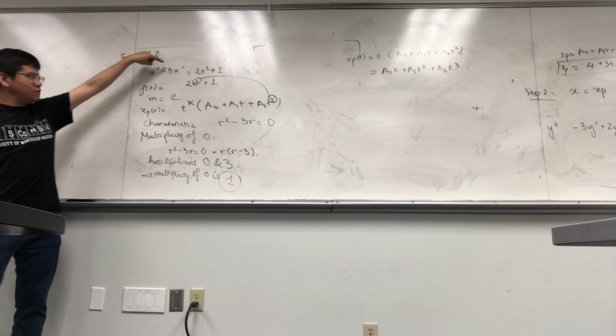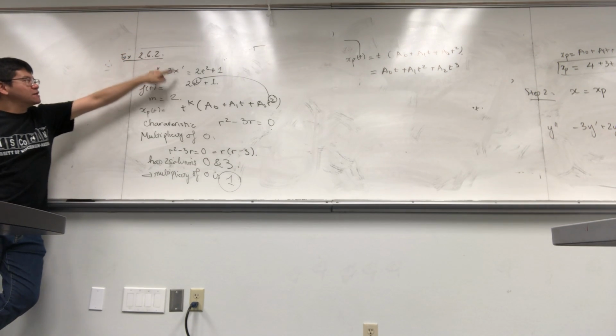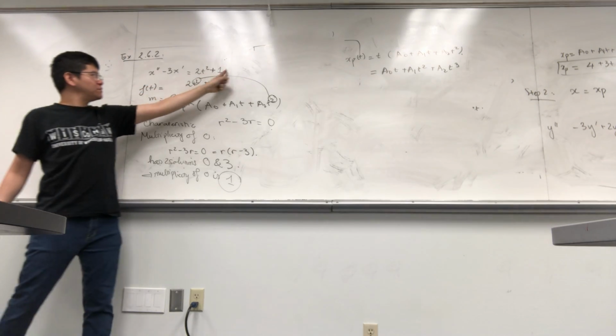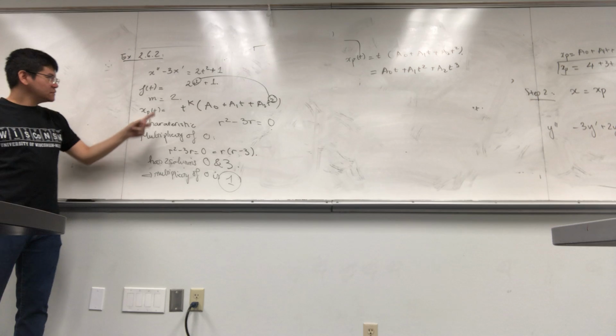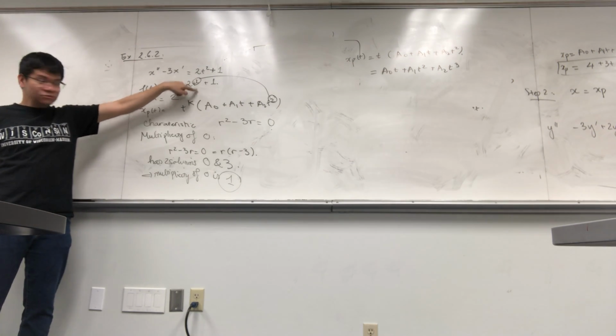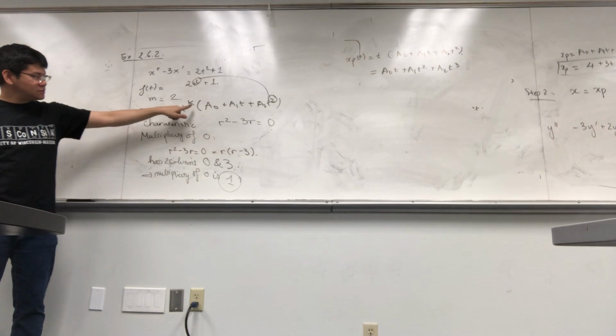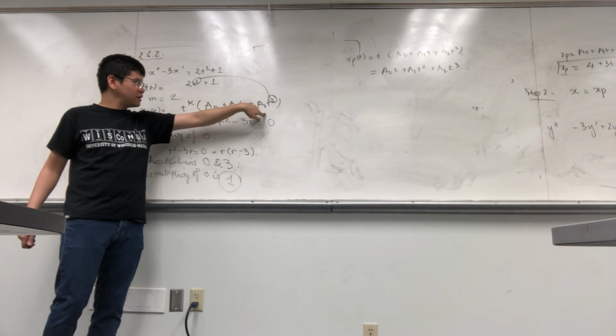I'll explain again. In this case, you have an inhomogeneous equation, x double prime minus 3x prime equals 2t squared plus 1. The force is 2t squared plus 1, and the polynomial has degree 2. This is why xp has to have t to the k times a0 plus a1 t plus a2 t squared.